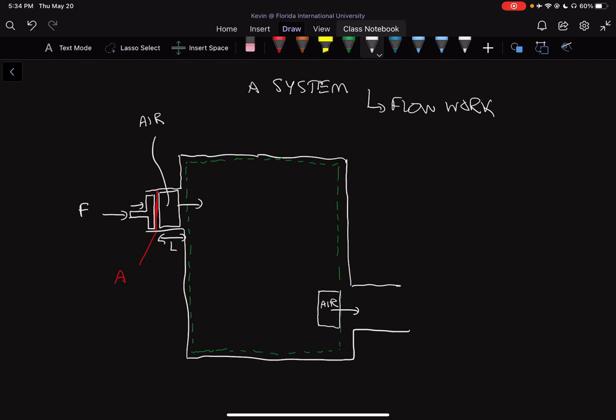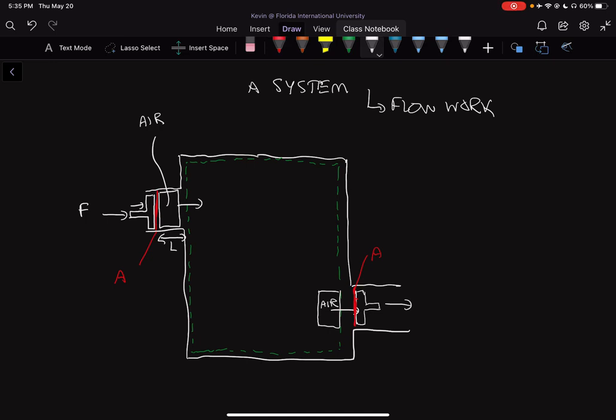This block of air is going to push an imaginary piston that is waiting to be pushed through the same area A. It has the same area A, and with the air on the left coming in, we're actually going to push the air on the right coming out. The piston is going to move in this direction.